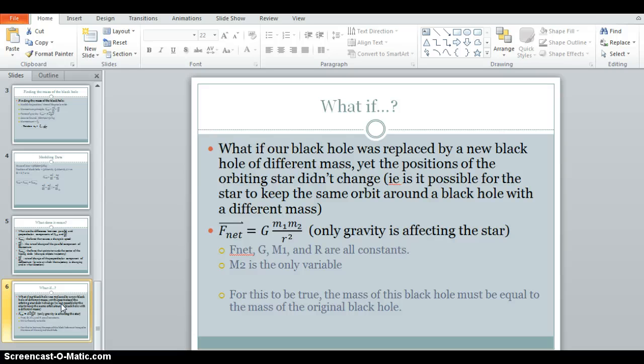And I found that for the star to maintain its orbit, the black hole would have to be of the same mass, due to the fact that the mass of the black hole is what causes the radius of the orbit, and therefore the position of the star at each point in its orbit.